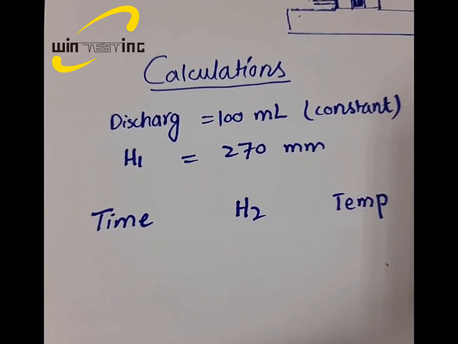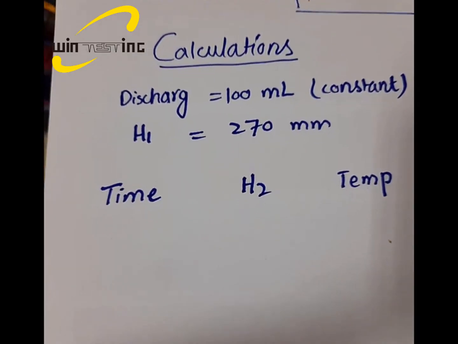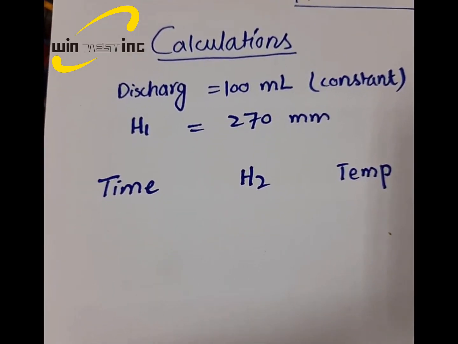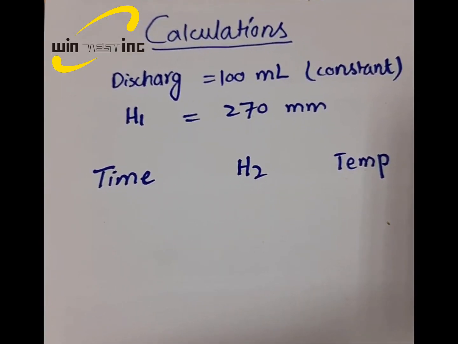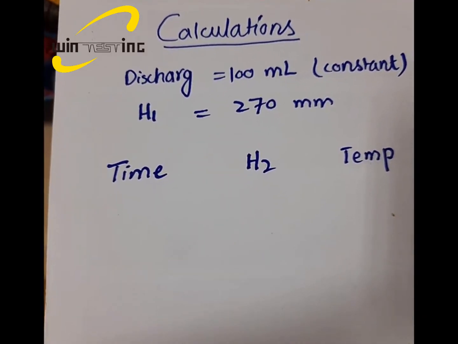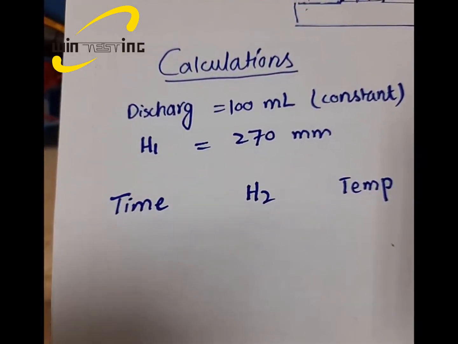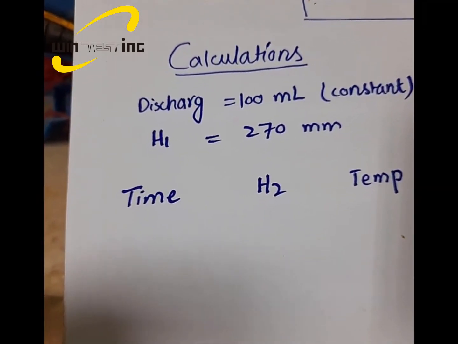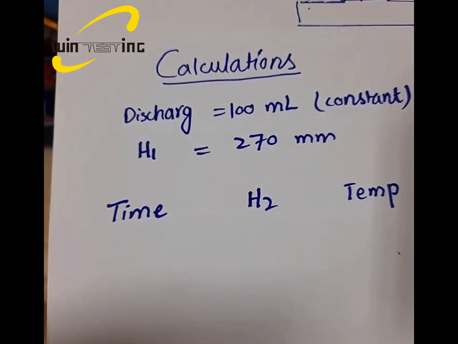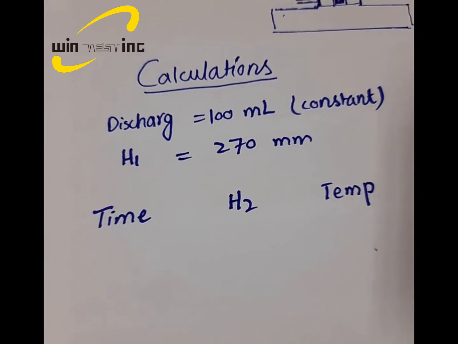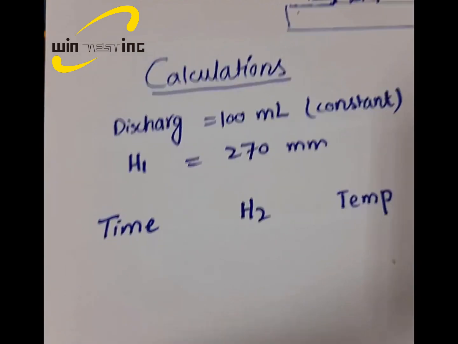That will be constant. That is why it is called constant head. So we'll check the time to fill the discharge of 100 ml, and then we'll note down the H2 value and the corresponding temperature to perform the calculations.